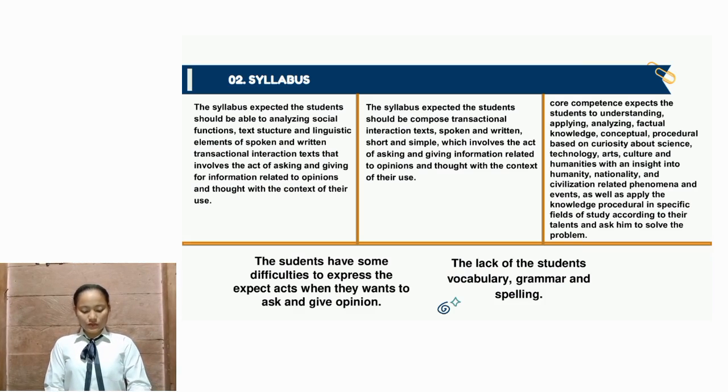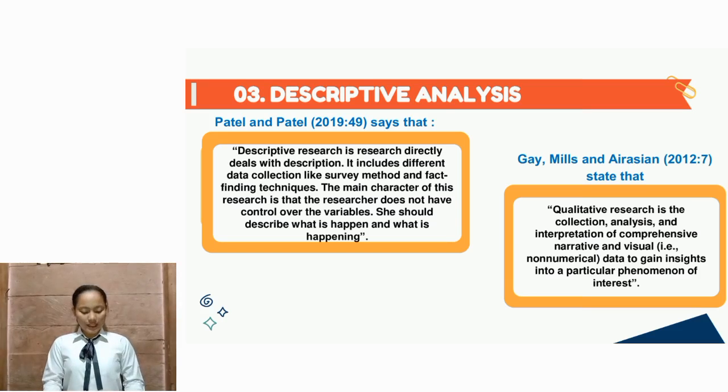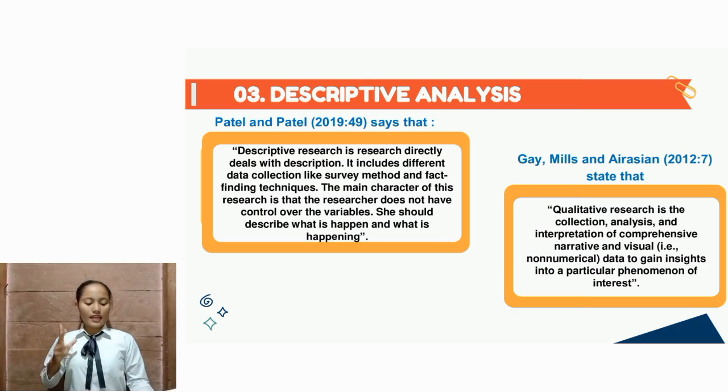We continue with the descriptive analysis. Based on the problems, the researcher will conduct descriptive qualitative research. According to Patel and Patel 2019, descriptive research is research that directly deals with description. It includes different data collection like survey methods and fact-finding techniques.